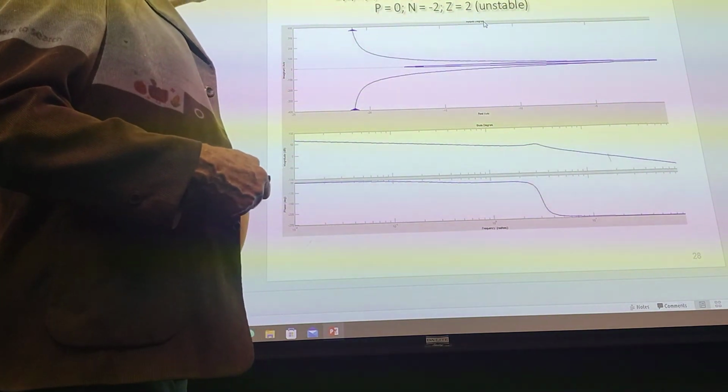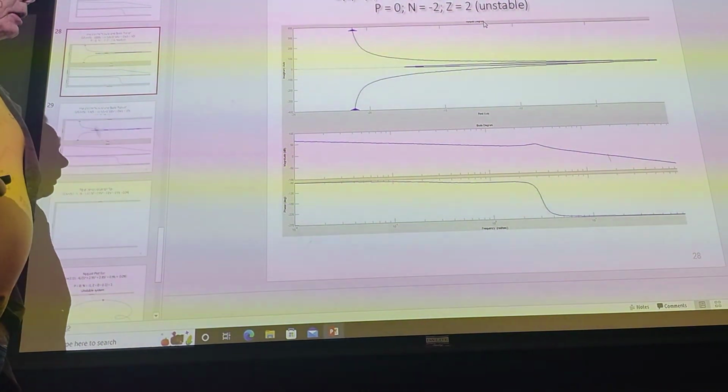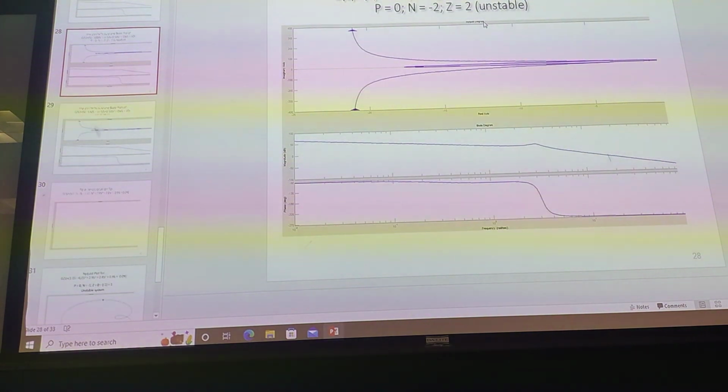It is encircled twice by the system response. And then N is equal to minus 2 because it is done in the clockwise rotation. P is 0 and the system is unstable.